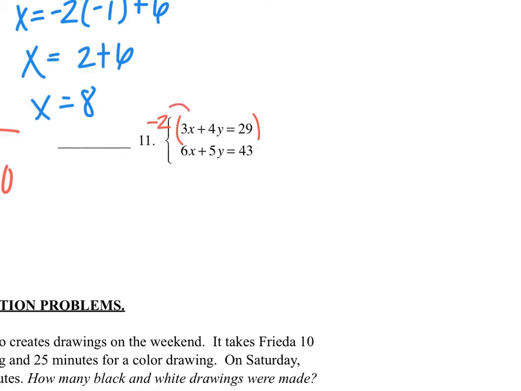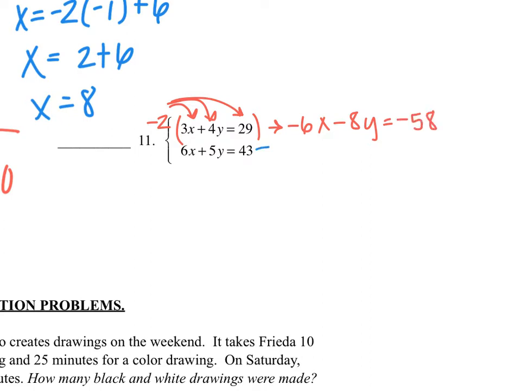So the -2 gets distributed to everything inside the parentheses. So -2 times 3x gives me -6x minus 8y equals -58.